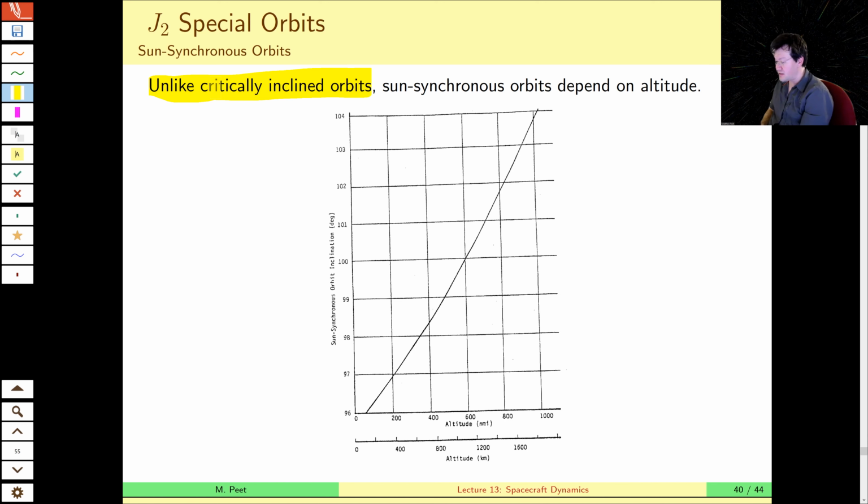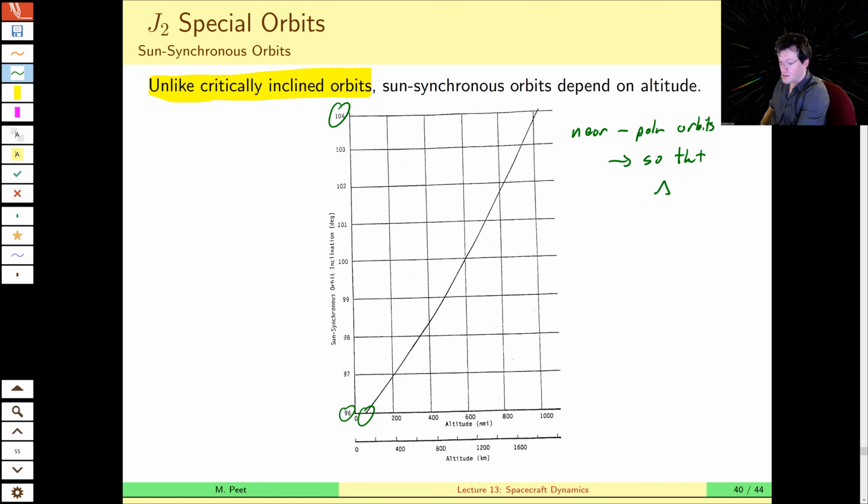And we see that value as a is increasing here. And you can see also they're relatively high right here. This is greater than 90 degrees. So near polar orbit. So these sun-synchronous orbits are typically in near polar orbits, so that delta omega is small.